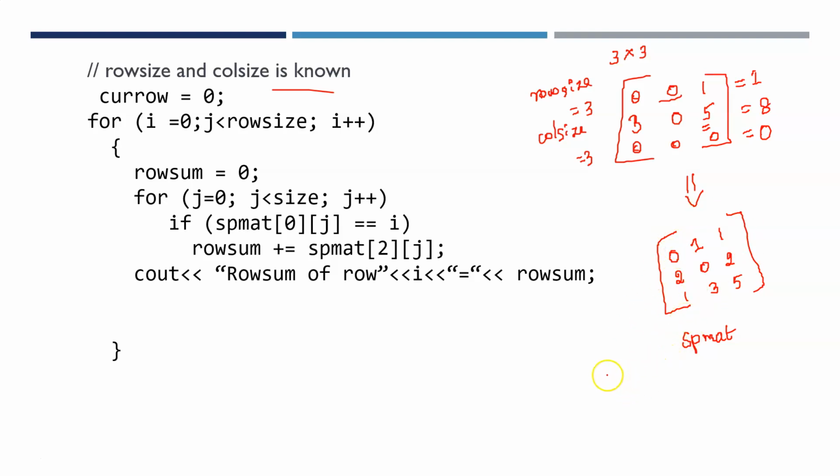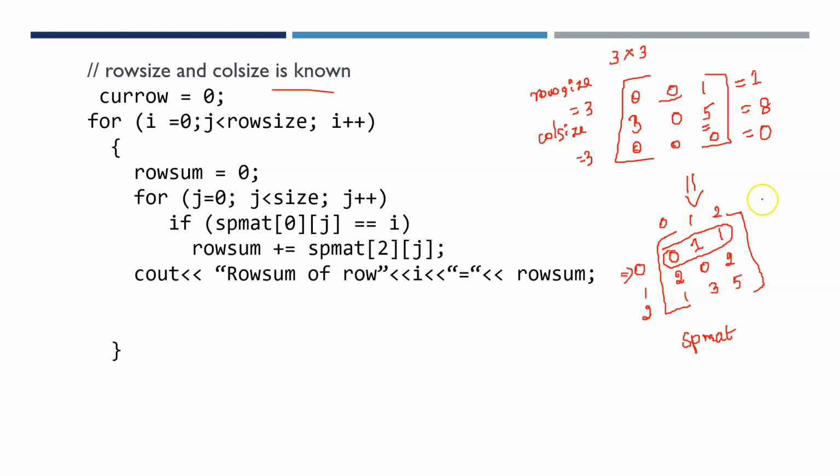So how do you perform this? First I go here. This represents the row, right? I'll be checking how many entries there are for row 0. I first check the first row.